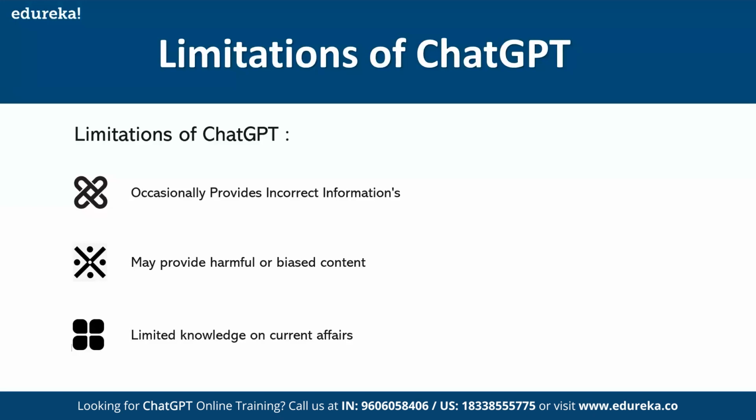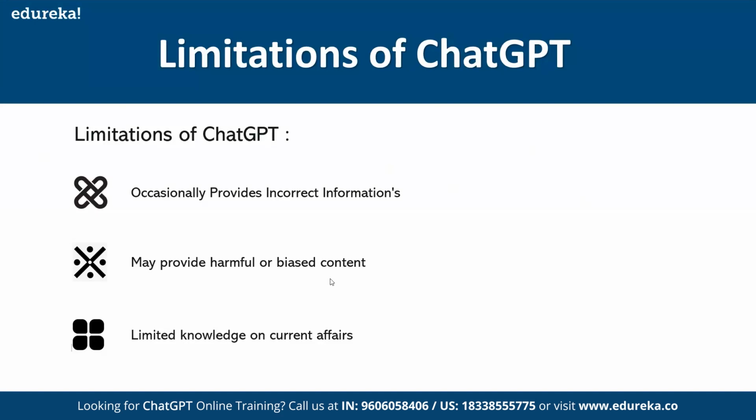Why do we say current affairs? Because right now we are using the OpenAI platform GUI, which serves ChatGPT 3.5, and that model has been trained, it seems, on data up to the year 2021. So the latest data may not be available with the ChatGPT model. It will have to be retrained for the latest data. That is one of the limitations of ChatGPT in terms of current affairs.